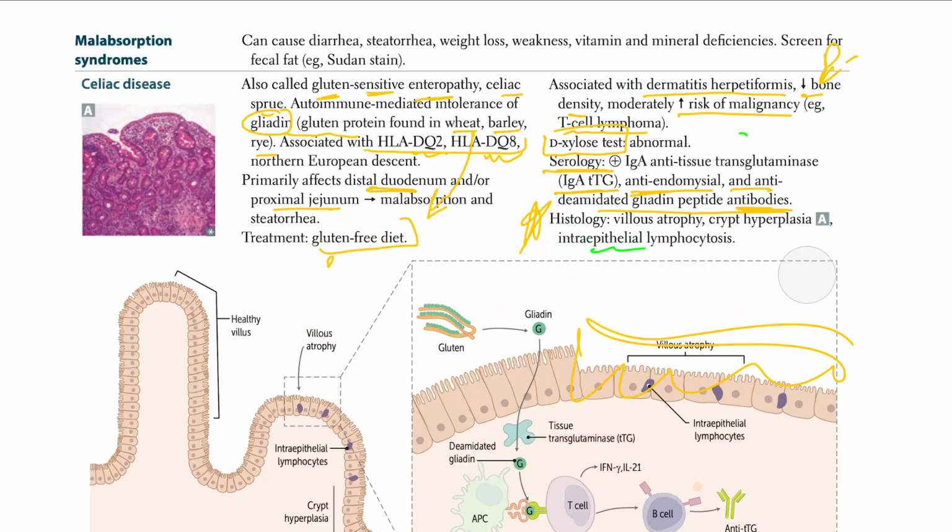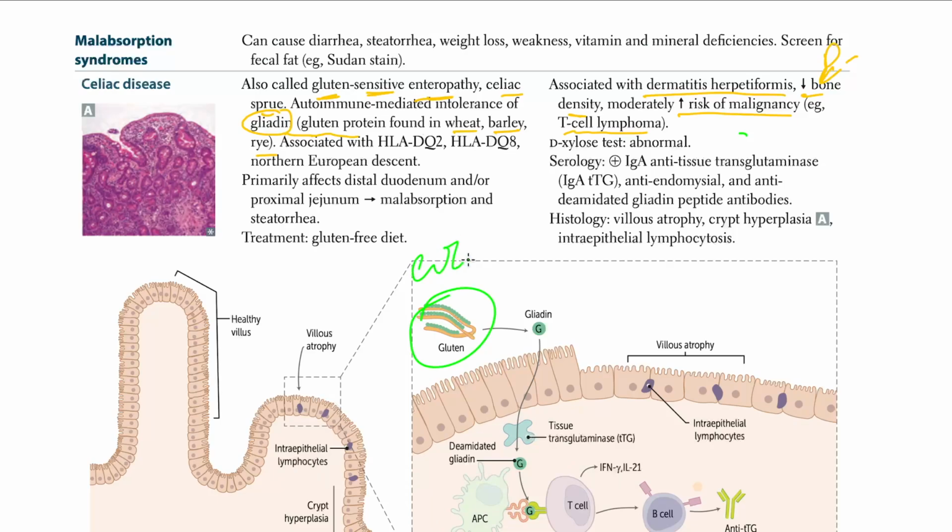Let's look at this picture, which is the pathophysiology here. You eat wheat, and the gluten gets converted into gliadin. Gliadin gets absorbed, and tissue transglutaminase, tTG, acts on that gliadin and forms deaminated gliadin.